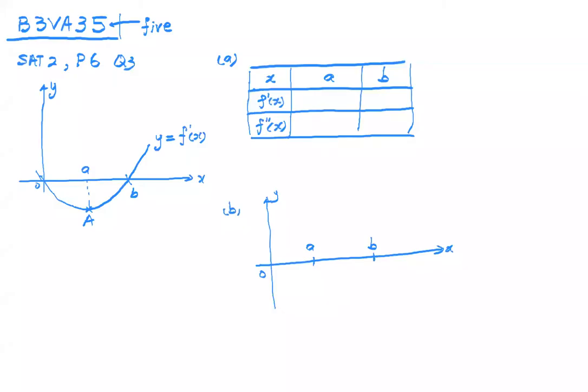Okay. So I'm giving you the rate of change graph. If the f prime x graph is above the x-axis, this means f prime x is greater than 0.